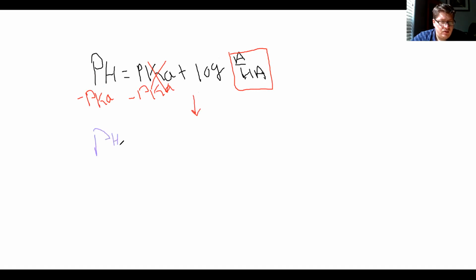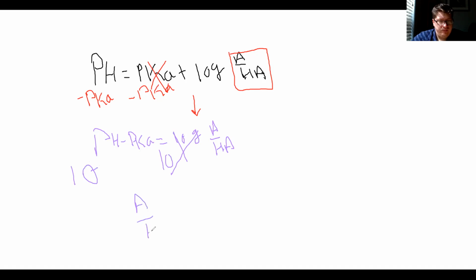Our pH minus pKa is equal to log of A over HA. Base 10 and log cancel. So now A over HA is equal to 10 to the power of pH minus pKa.